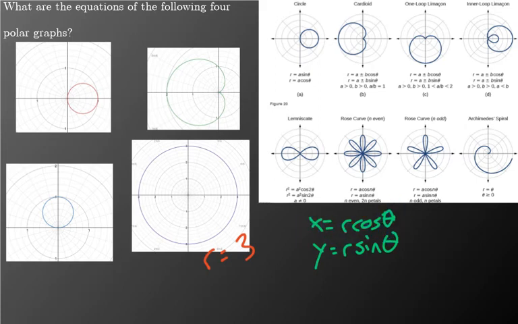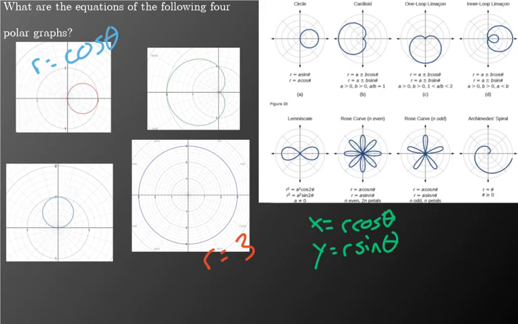And this one, the radius is just 1. So let's do blue or something. So this equation would be r equals just 1 cosine theta. If this circle went out to 2 or something like that, then it's just 2 cosine theta. If this circle was on the other side, the negative side of the y-axis, then it's negative cosine theta.